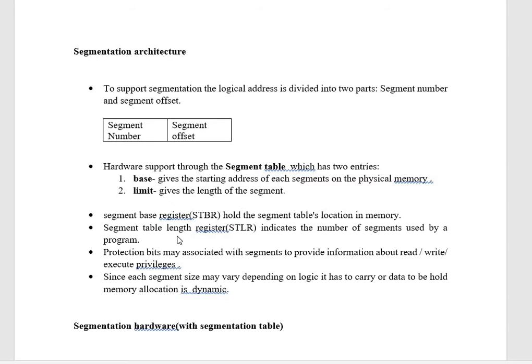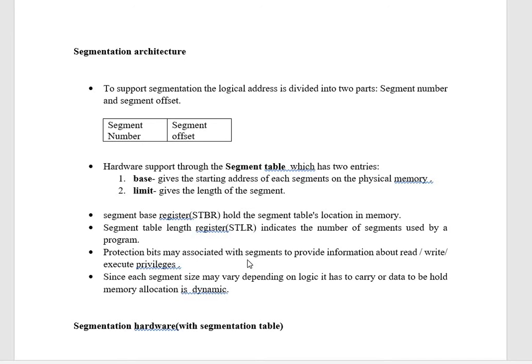The second register is the segment table length register, STLR, which indicates the number of segments used by the program. In the same way as the PTLR gives the number of entries in the page table, the STLR gives the number of segments.